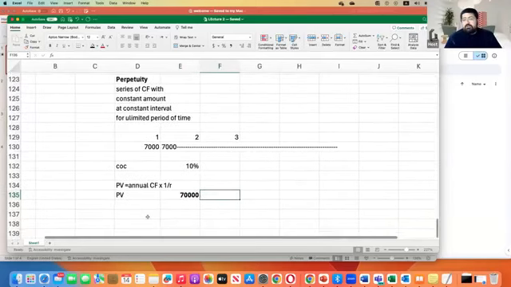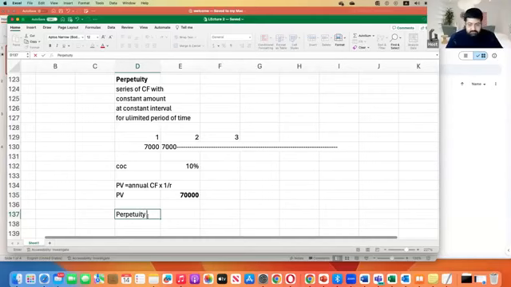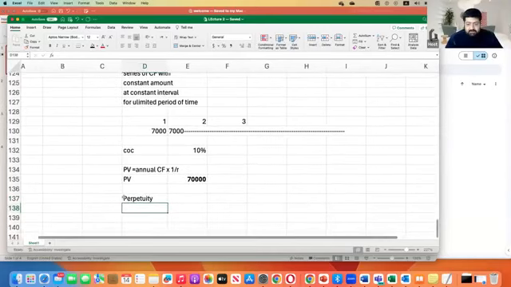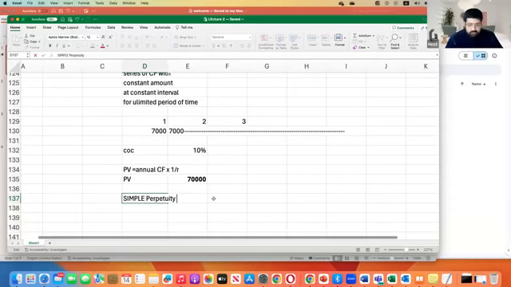Now, perpetuity is of 4 types in your syllabus. Simple perpetuity, where cash flows start from next year, and we have discussed that one.